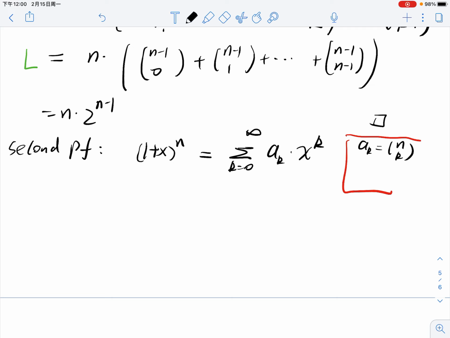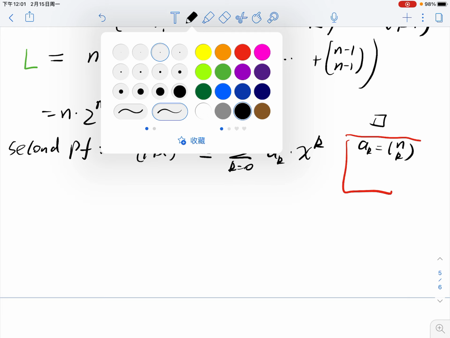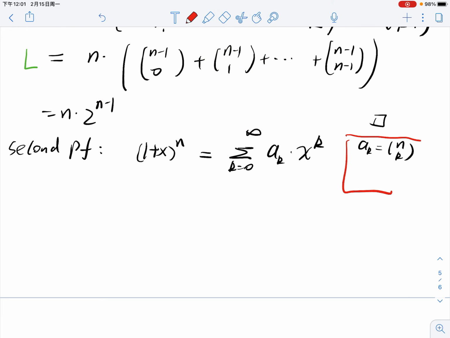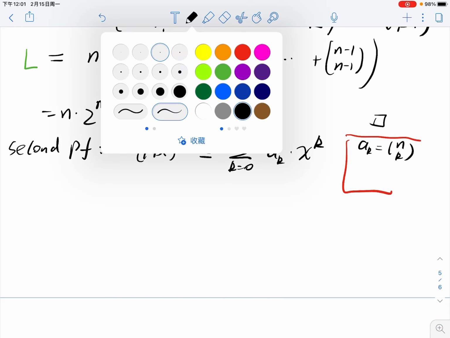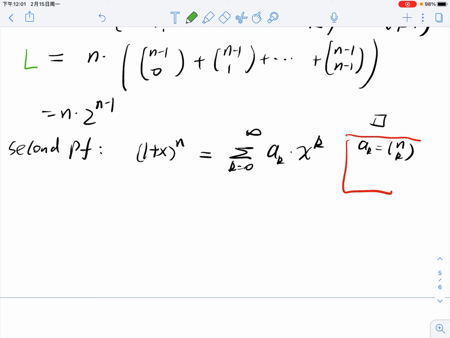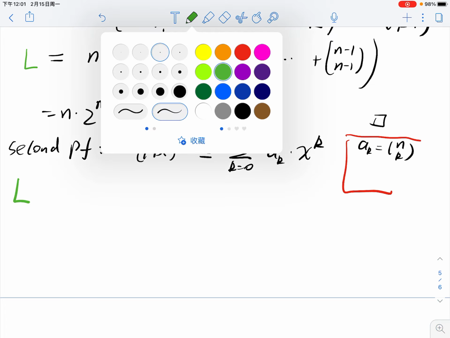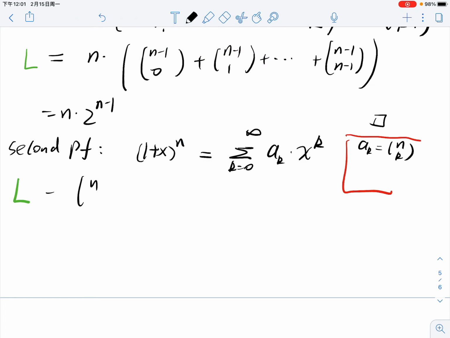Therefore, when k is greater than or equal to n plus 1, a_k is 0. Now, what we want to know, we can write as L, which is n choose 1 plus 2 times n choose 2 plus all the way to n times n choose n.